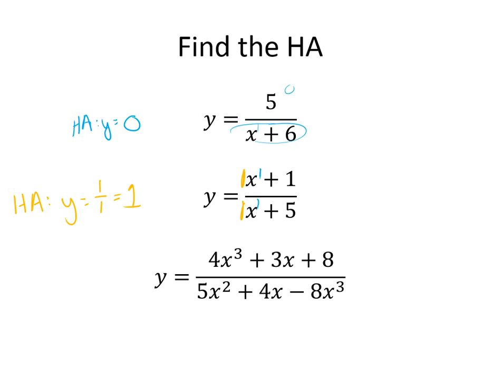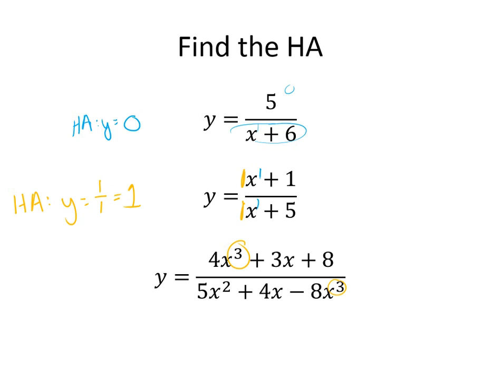Going to the next one. The largest degree on the top would be 3, and the largest degree on the bottom would be, did you say 2? It's not 2. It's also 3. And so we have, again, the same degree. See, you're looking for the largest exponent, not the first one. You're looking for the largest.